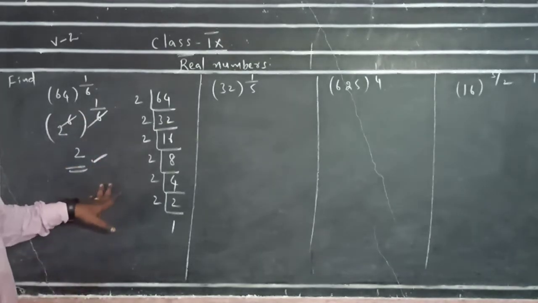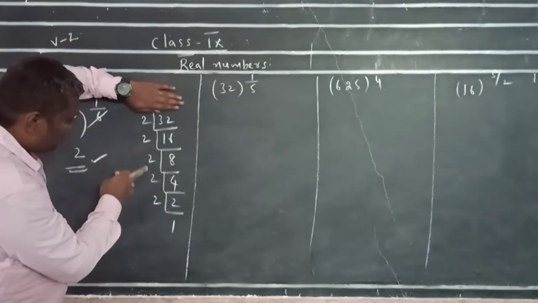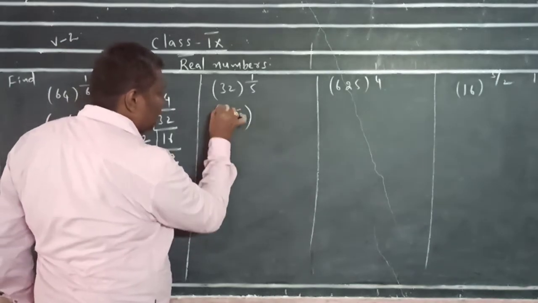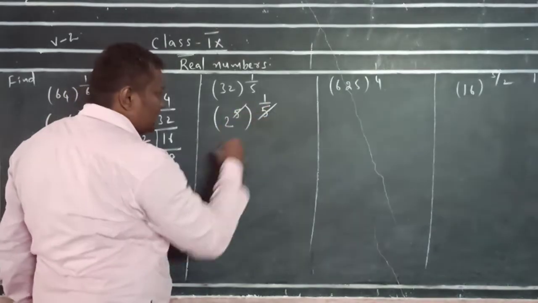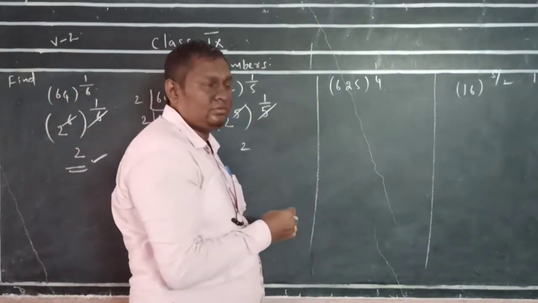The same as 32. The 32 means how many 2s? 1, 2, 3, 4, 5. Simply write 2 power 5 whole power 1 by 5. Here 5 and 5 cancel, we got 2. Then 625.